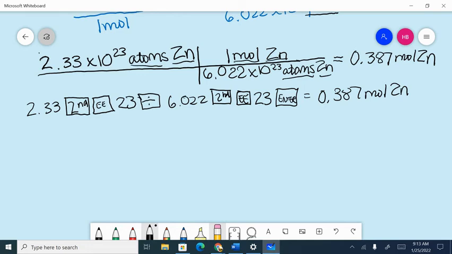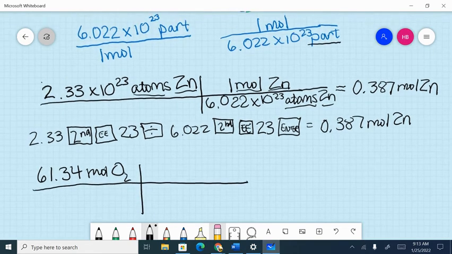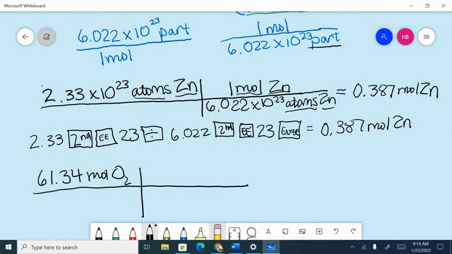Now let's take a problem where we're going to change moles and we want to change it to particles. This time we'll look up at our conversion factor. We're going to pick the conversion factor that allows us to cancel moles from the bottom.